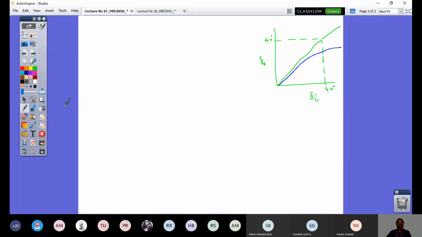And the curve with the error will be in between. This is the error curve, this is Ackermann, and this is parallel steering geometry.